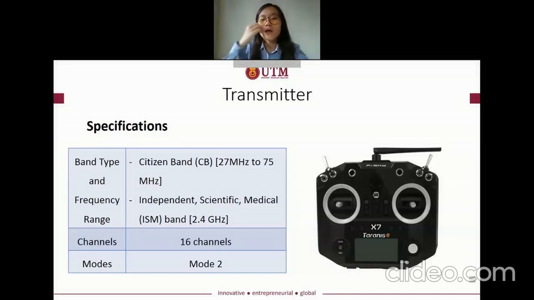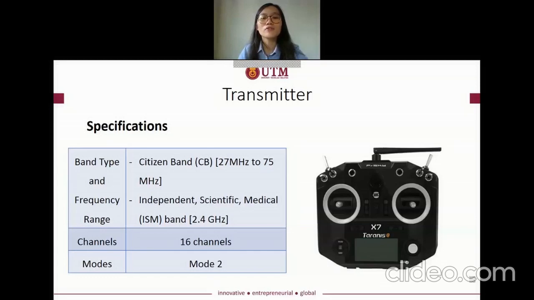For example, model aircraft usually has 72 MHz frequency band in USA. Model aircraft in most European countries has 35 MHz frequency band. Nowadays, most of the RC hobbies use ISM 2.4 GHz bands, which range from 2.4 GHz to 2.4835 GHz.